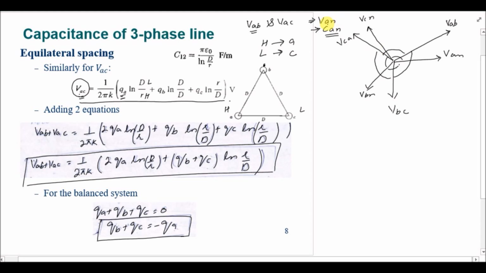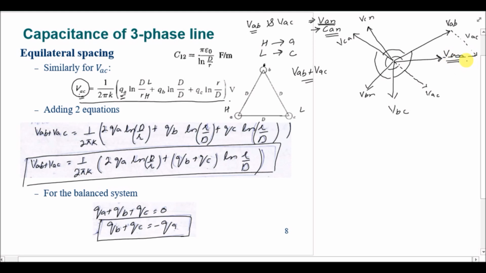Now we have to find this line to neutral voltage, and this line to neutral voltage can be written as the summation of two of the line to line voltages. For VAN we have the summation of VAB and VAC, because this is VAB and this is VCA, so this will be your VAC. So this is just the extension of VAN.